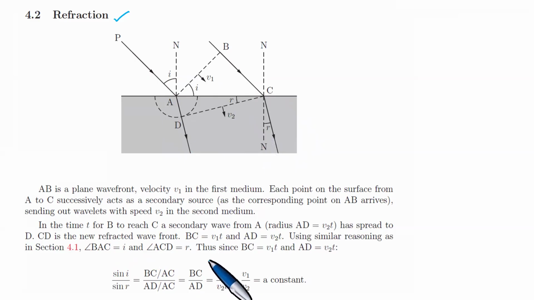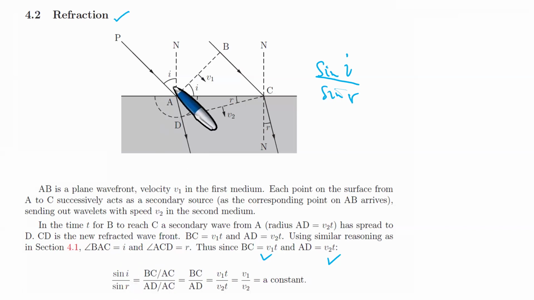Thus, since BC is V1T and AD is V2T, the sine of the angle of incidence divided by the sine of the angle of refraction must be equal to a constant.